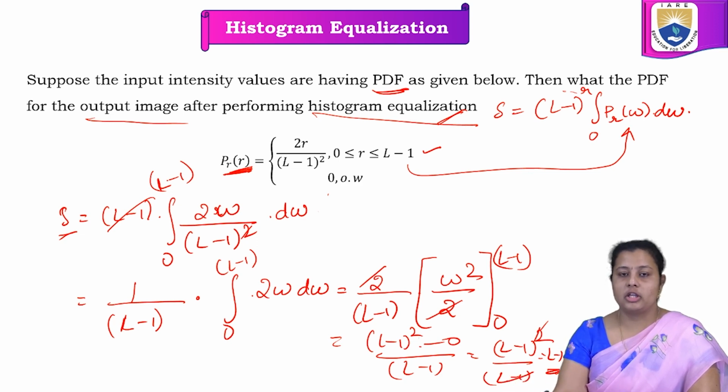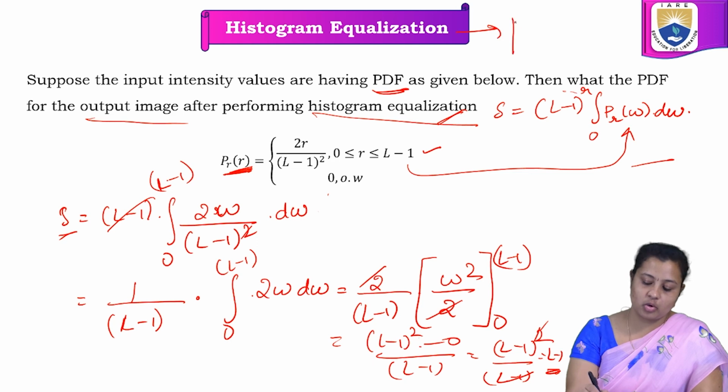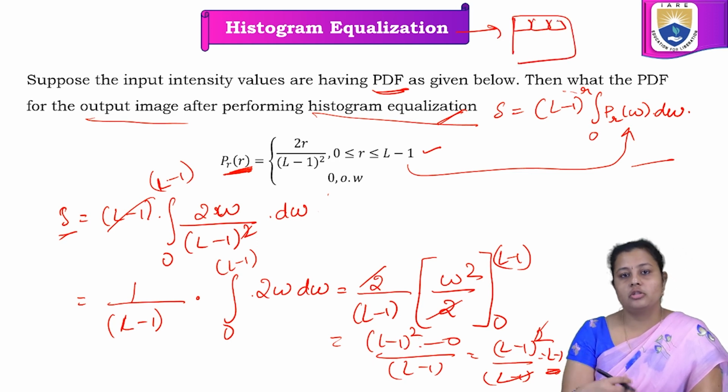It is not performed only on the whole image. I can even perform it on segments. Based on my requirement, I can go for localized histogram equalization or the complete histogram equalization.